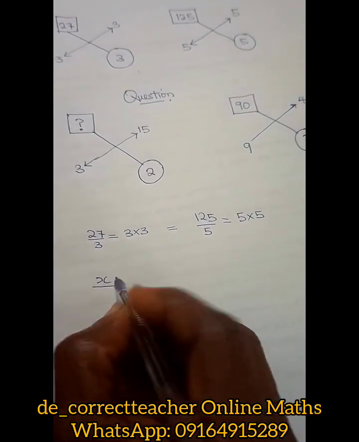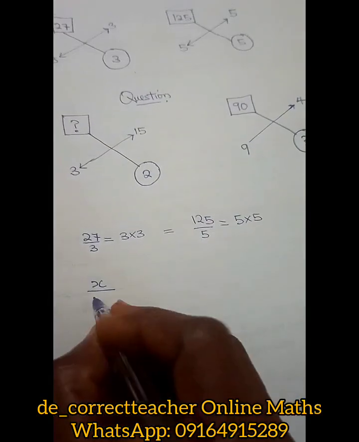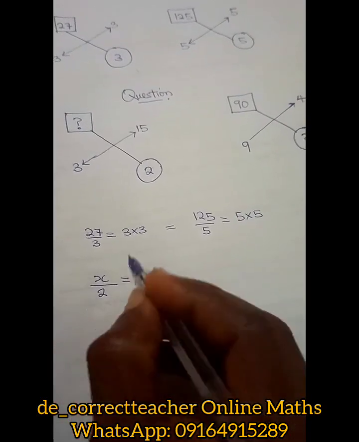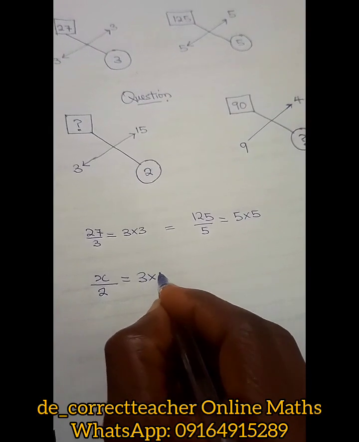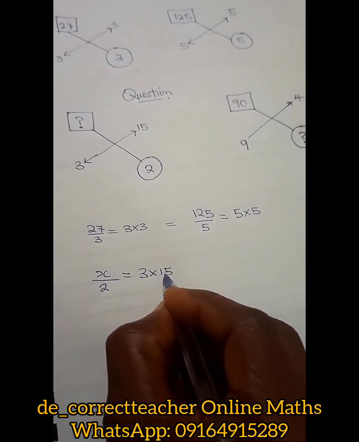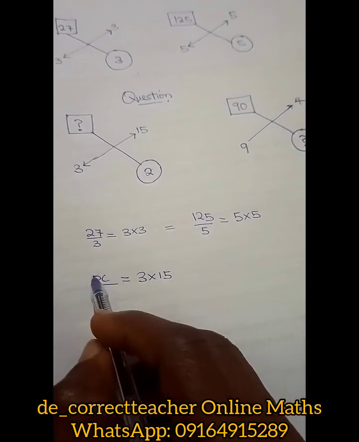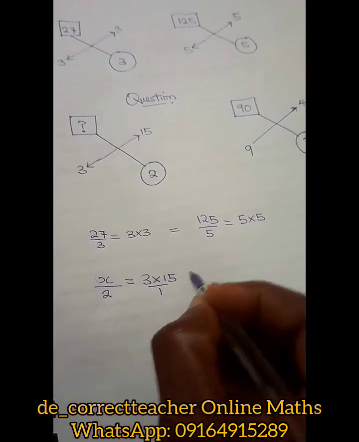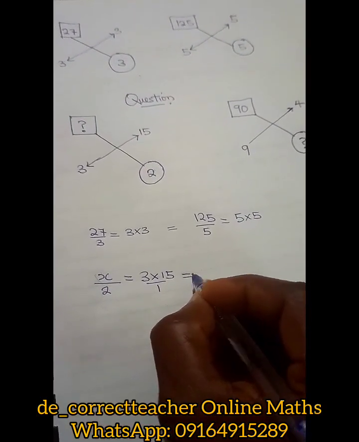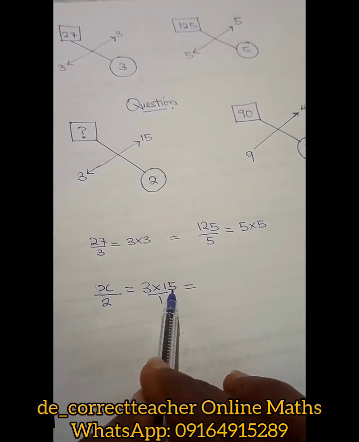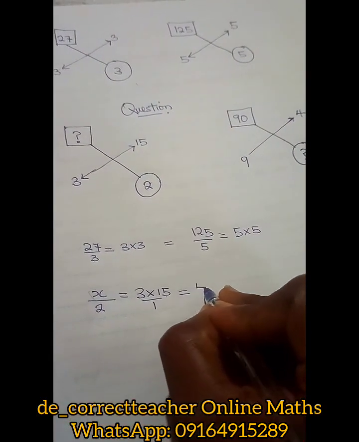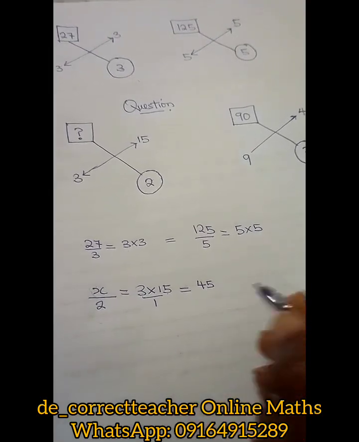Then all over, we look at this one, this is 2 here, and it equals, what it's telling us is that if I multiply 3 times 15, I should be able to get this. So all I need to do is make this all over 1. 3 times 15 will give me 45, over 1.